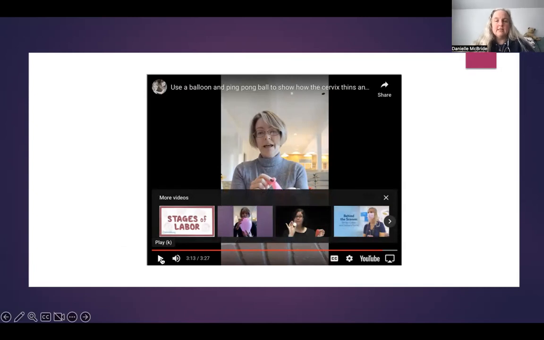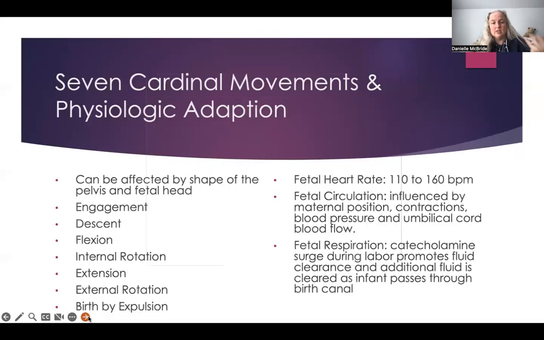So that just gives us kind of a picture of what we're talking about with the thinning or the effacing and the dilation of the cervix, and Braxton Hicks contractions versus true contractions that change the cervix. Okay. So when we think about the cardinal movements of labor, this has to do with the way that the baby comes down and out. And things that can affect this are the pelvis shape and the baby's head.